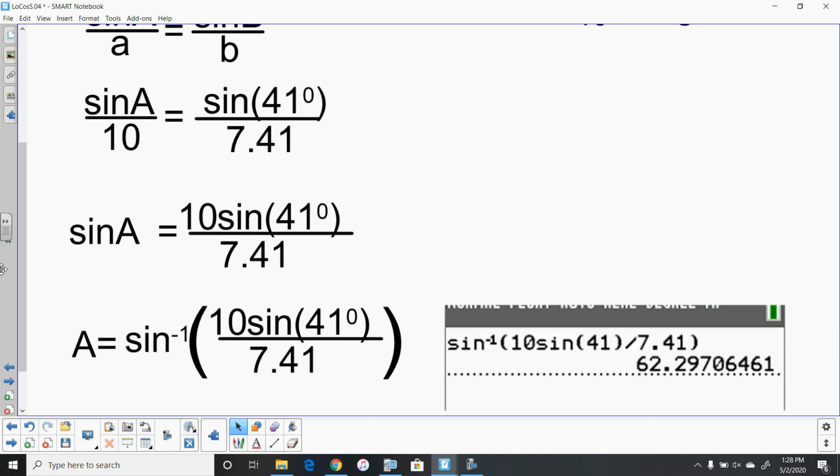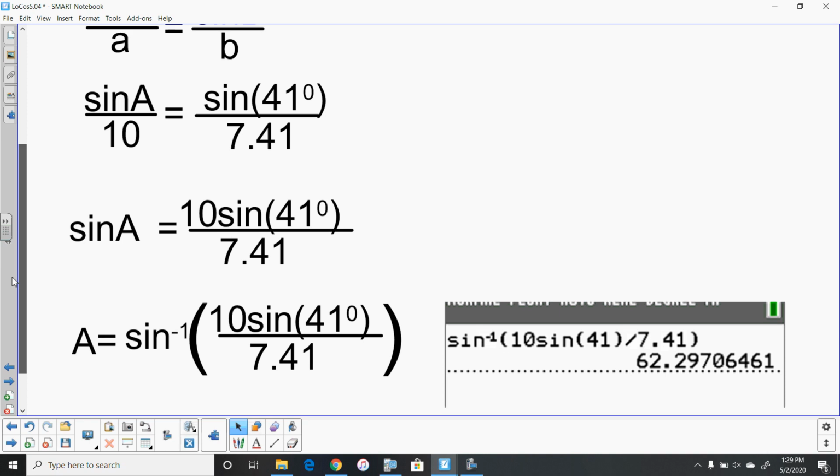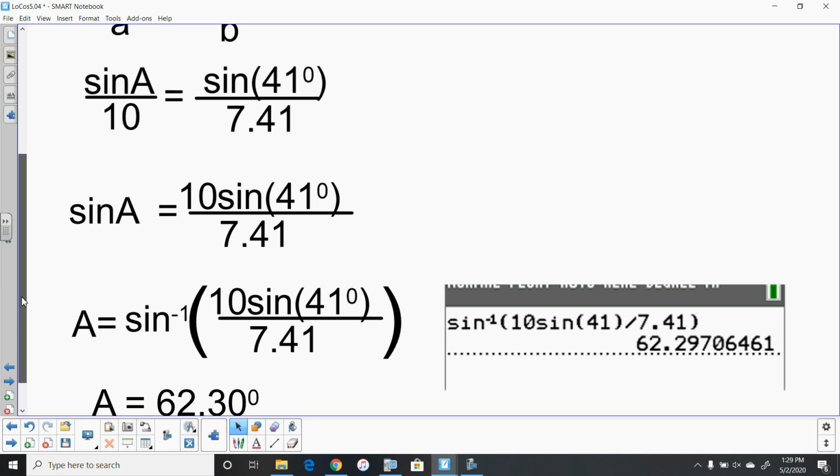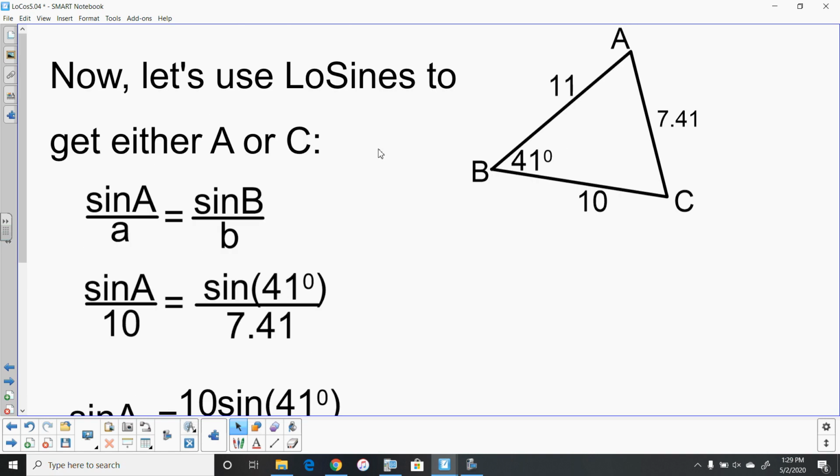62.30 degrees. Let's go back to our triangle and see if that makes sense based on the other side lengths. Okay, so we got something bigger than side B. But when we do the triangle sum theorem and add those other two in, when I add 62.3 and 41, subtract that from 180, I get my third angle, 76.7.